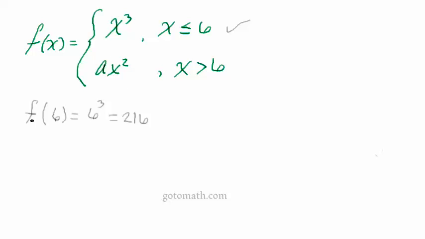So, okay, we did that. Now we're going to do this one. The limit as x approaches 6 of f of x. And of course, I'm going to rewrite this again. The limit as x approaches 6. Now, which one are we going to use? Are we going to use this one or are we going to use this one? That's the question.